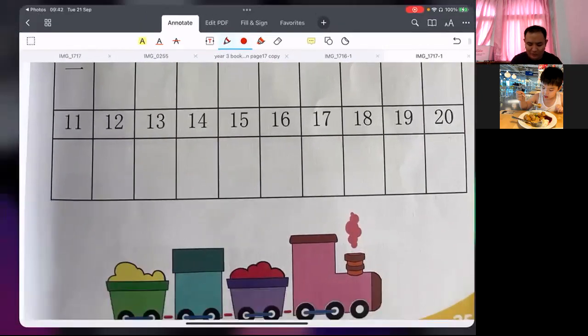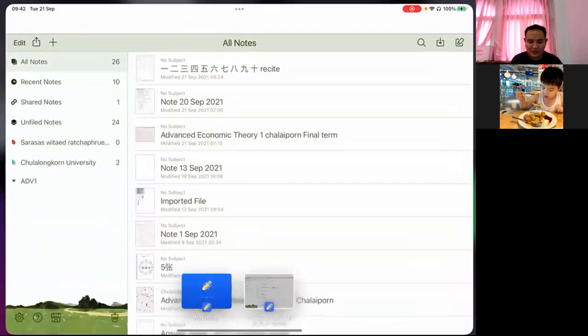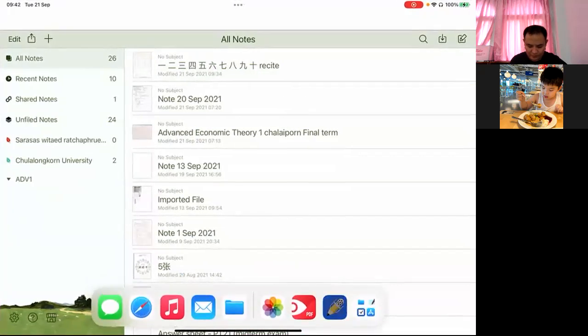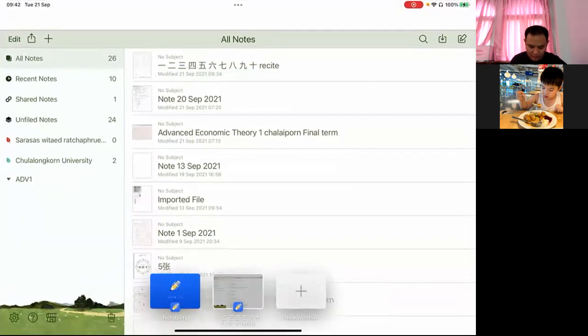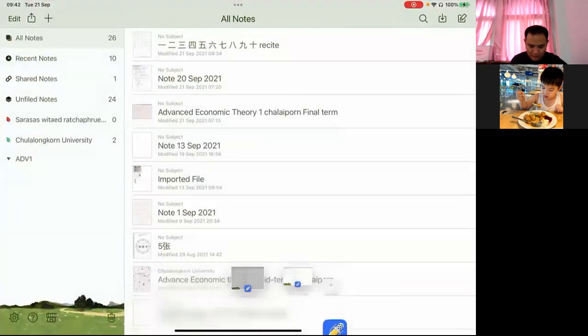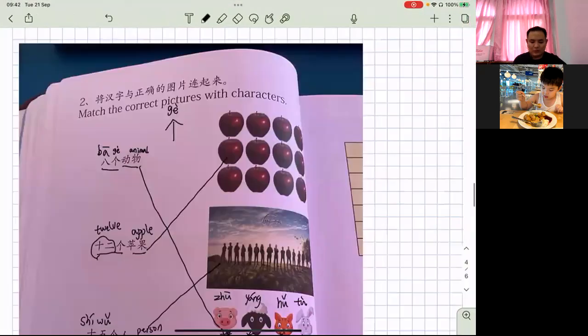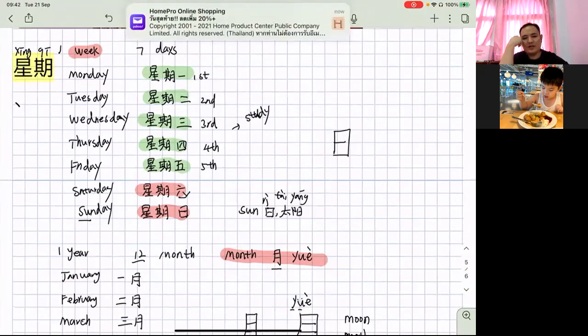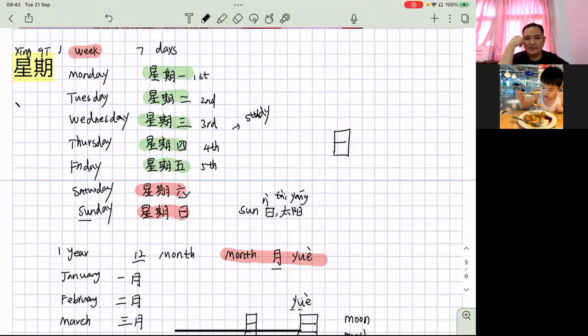Now we still review what teacher taught you last week, right? Now, let's go. Last week teacher taught you about the weeks. 1 week has 7 days. Now you must know the 星期.